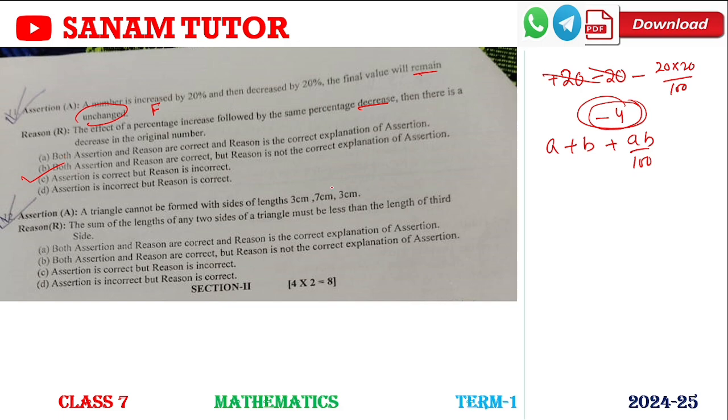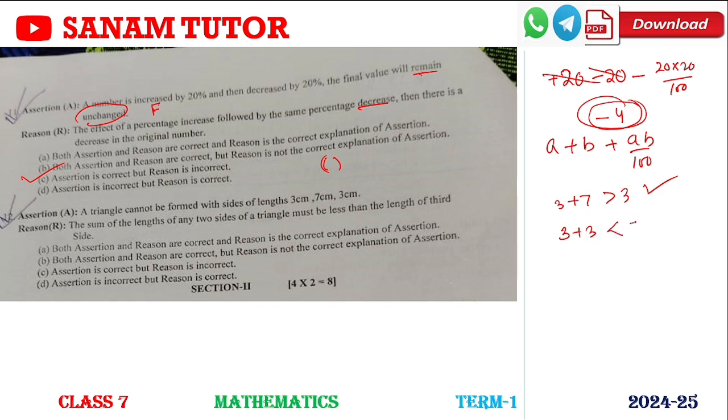Now next question. A triangle cannot be formed with the sides 3, 7, 3. Check the sum of two sides: 3 plus 7 is greater than 3, yes, satisfied. Then 3 plus 3 is greater than 7?